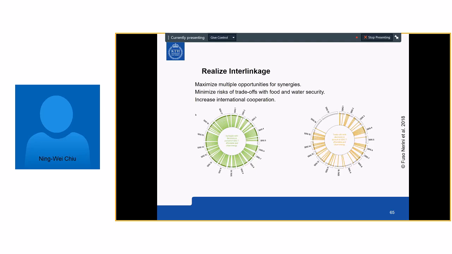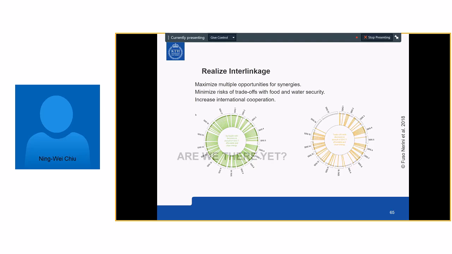But from a report done by Francesco, who is also a researcher here, these are the benefits, synergies, and those are the contradictions. Here we still see that we have more synergies than contradictions. So by reaching out towards all 17 goals, they would help out more than they would contradict each other. If you're interested, you can check out his publication. I think it's in the journal Nature. Nature Journal, yeah.